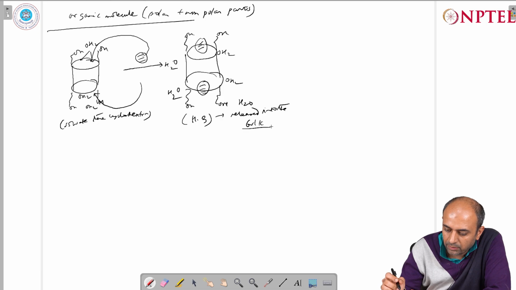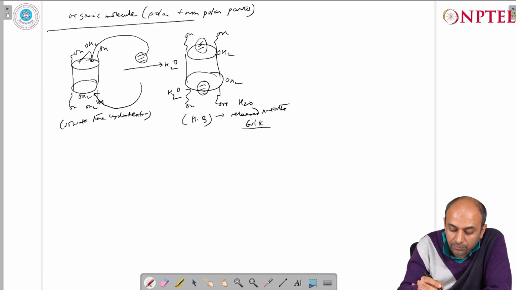Now to start with, the water molecules which are interacting with the cyclodextrin cavity are not in a very stable configuration.